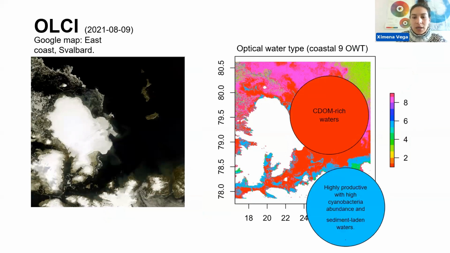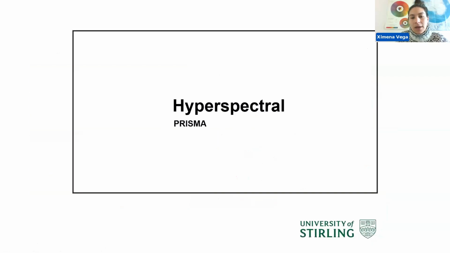So once again, we applied the same approach in the east coast of Svalbard, and this time we found higher serum-rich waters and hyperproductive cyanobacteria abundance and sediments exactly in the coastal areas. But this is not enough.